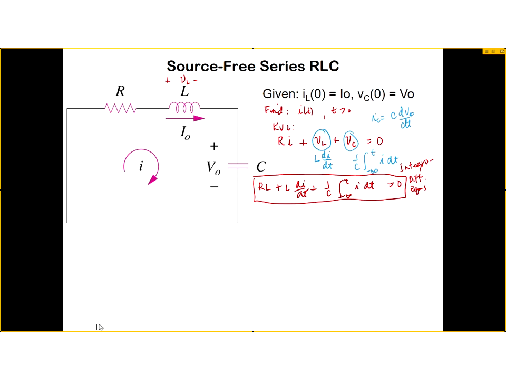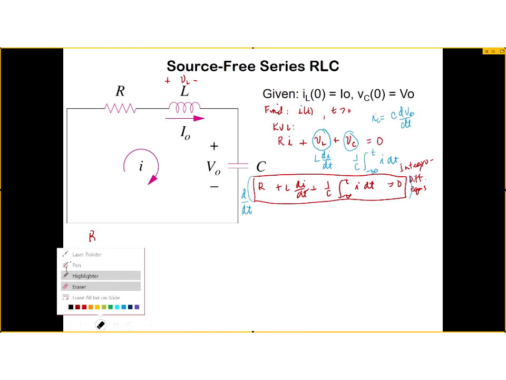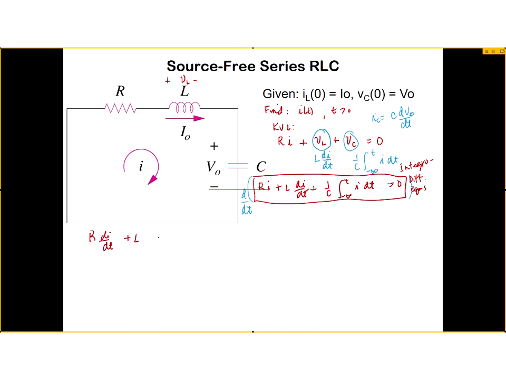Derive, you mean differentiate, right? So I can actually turn it into just a regular differential equation by differentiating the whole equation with respect to time again. Okay, so the first term becomes R dI/dt, yes?